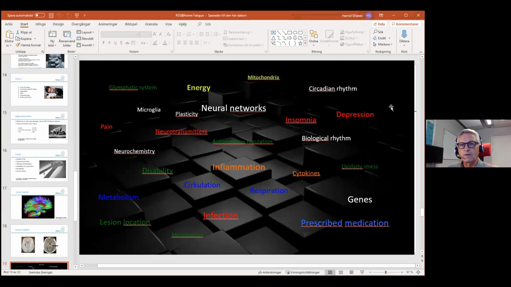The whole research field today is addressing neural networks, but looking at the rest, as you said, energy, mitochondria, how they are affected, the circadian rhythm, the biological rhythm. In rehabilitation after the acute phase, we try to stabilize the patient at the rehabilitation ward, and in the early phase it's handling the regulation of the internal organs: the circadian rhythm, getting the bowel and bladder functions to start working, feeding the patient, metabolism, etc. Then the next phase is addressing the adaptability of the patient in rehabilitation.